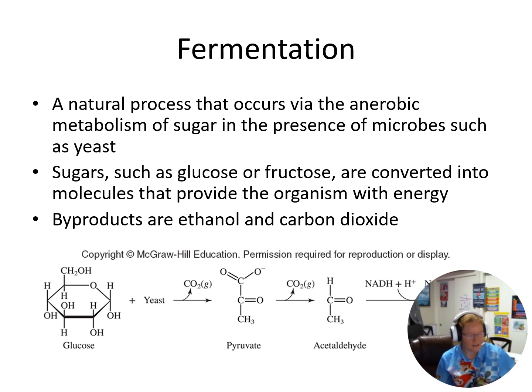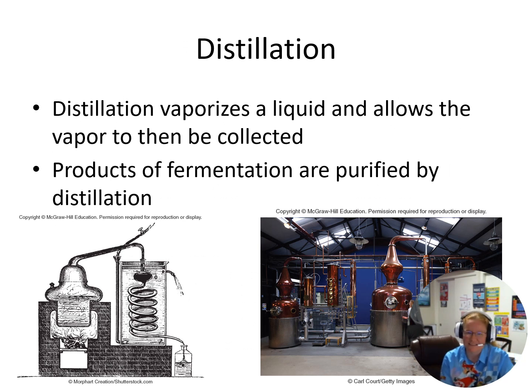Okay. There's fermentation, and so you're getting some anaerobic metabolism inside yeast. And so you convert your sugars into something that gives energy, and you byproduct with ethanol and carbon dioxide. And so we can intentionally ferment things, or some things, if they have the right stuff with them and you just let them sit, they will naturally start to ferment. And then we get distillation.